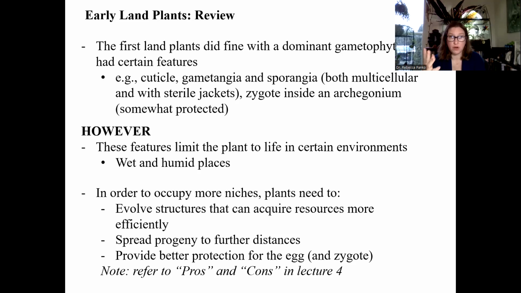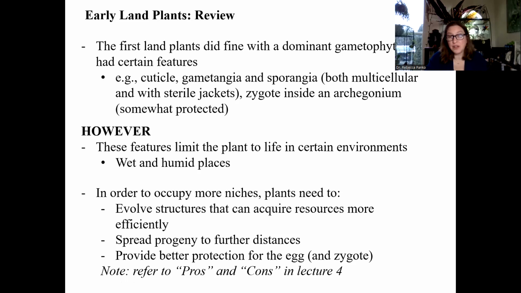They need to be able to spread new individuals to further distances, because if you're just spreading individuals right where you are and you just came out of the ocean, then we will only have plants that are right by the ocean, right? And we wouldn't have any plants anywhere further away from the ocean. So if you're going to get to that mountain or you're going to get to that desert, you have to be able to spread new individuals to those locations, right?